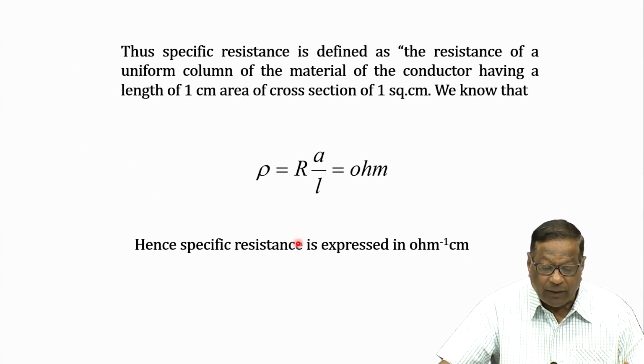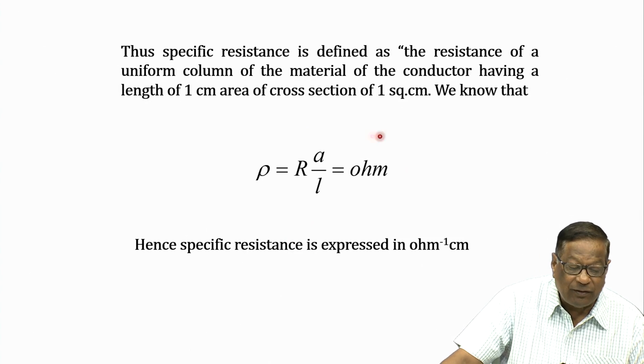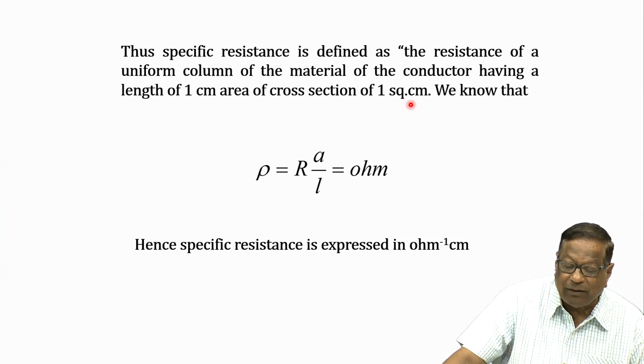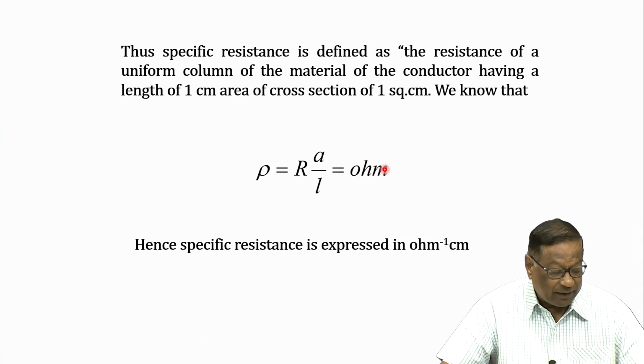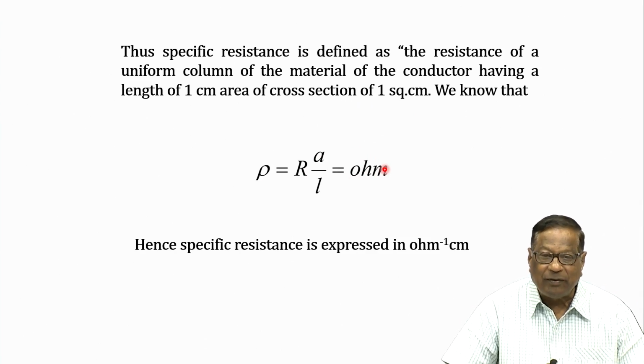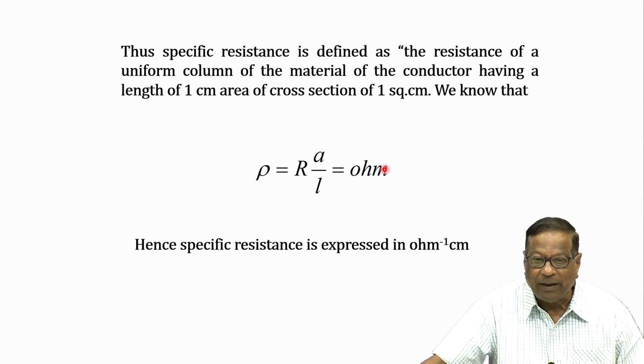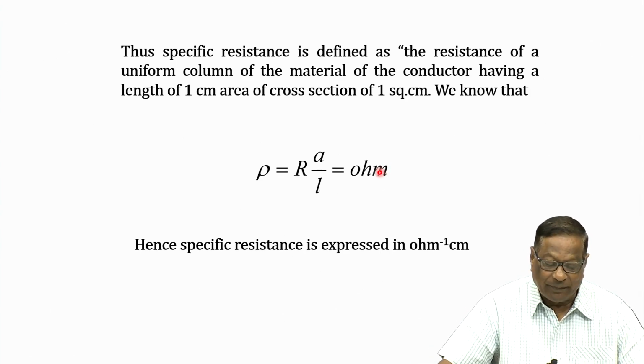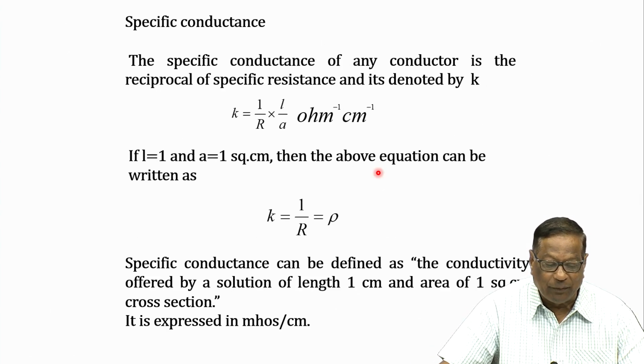So, specific resistance is defined as the resistance of a uniform column of the conductor material having a length of 1 centimeter and an area of cross section of 1 square centimeter. We know that rho is equal to R into A by L, and it is expressed in ohm centimeters.